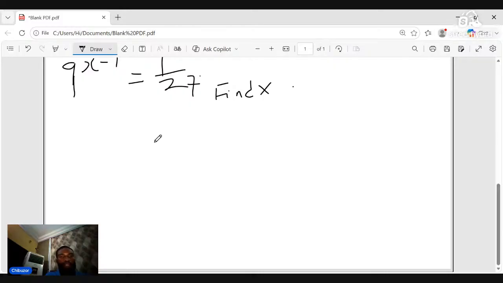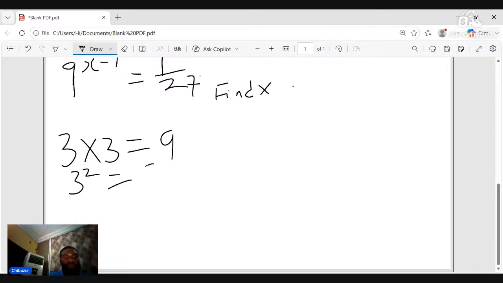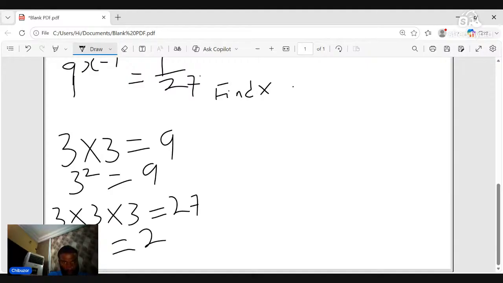But how do we get a common base? We know that 3 times 3 is equal to 9, that is 3 raised to power 2 is equal to 9. We also know that 3 times 3 times 3 is equal to 27, that is 3 raised to power 3 is equal to 27.